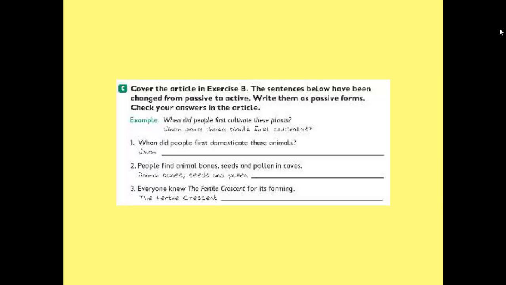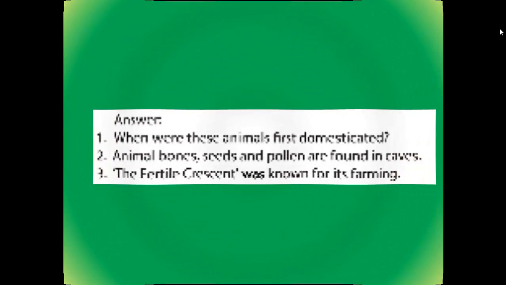So animal bones, seeds, and pollen, yes, all of these were found in caves. Number 3. Everyone knew the Fertile Crescent for its farming. So the Fertile Crescent, yes, was known for its farming. Now you can see the answers after a minute.